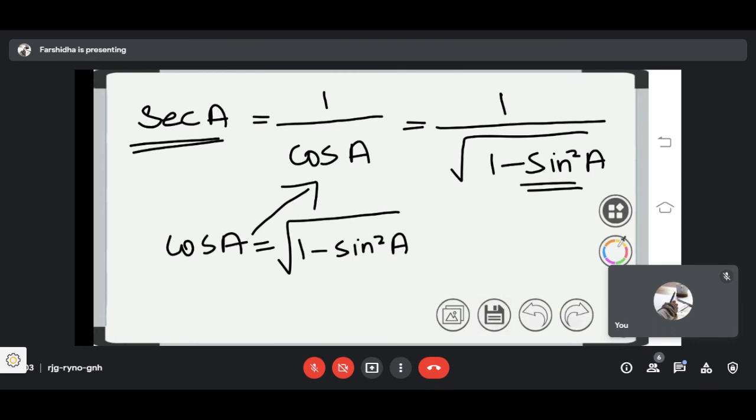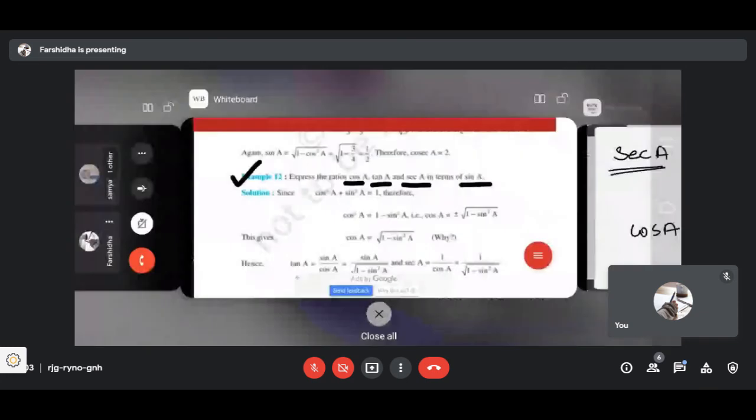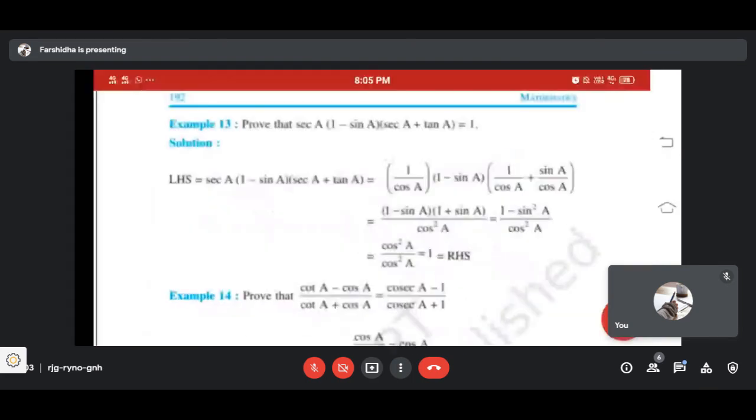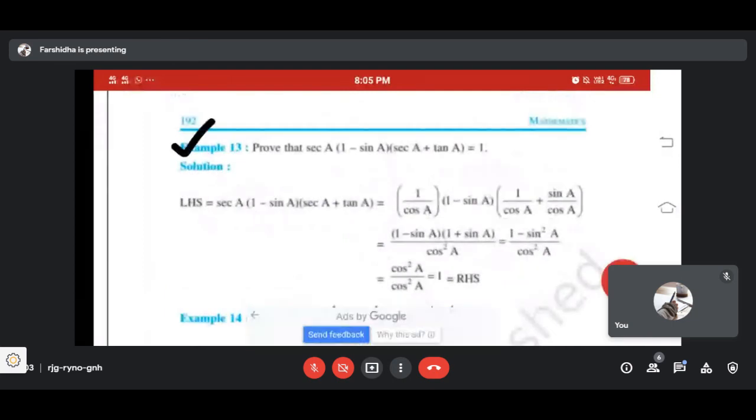Up to example number 13. Prove that sec A into 1 minus sin A into sec A plus tan A equal to 1. So we'll take the LHS first.